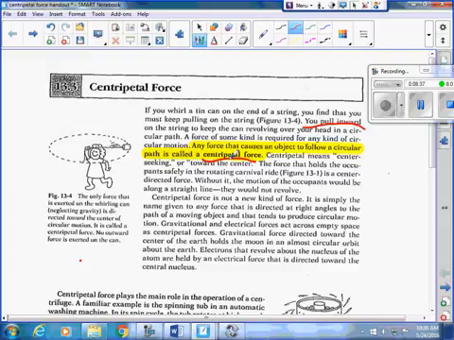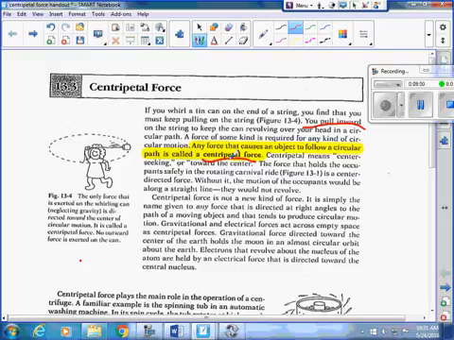Okay, I don't have a tin can, but I have a rubber stopper, and I have to be careful here for a couple of reasons. Okay, so what direction am I applying the force? Inward, right? On a string, you can only pull. You can't push, can you? So how could the force be outward?